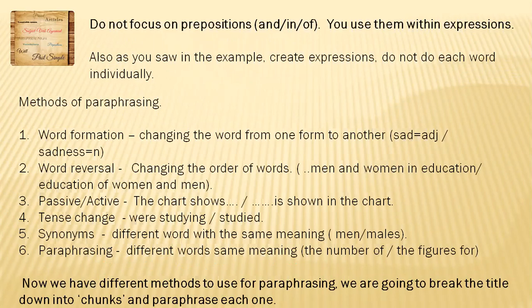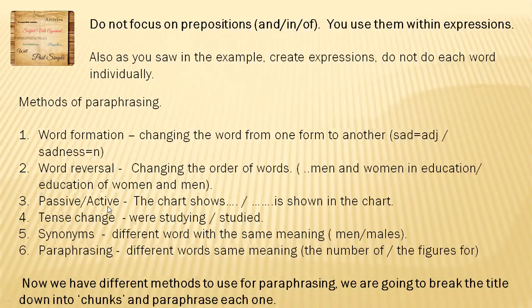Men and women in education, or you could say the education of men and women. So again, this is something where you'll have to know your prepositions. So we've changed in to of. Okay, so there are little things like that, but practice will help you.